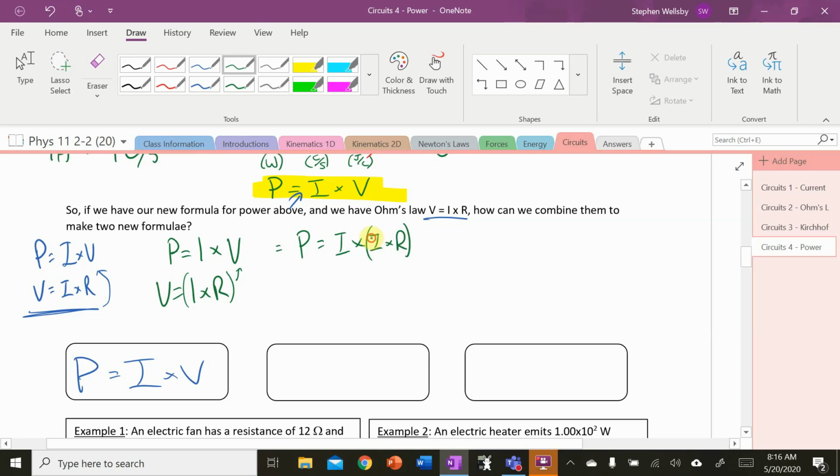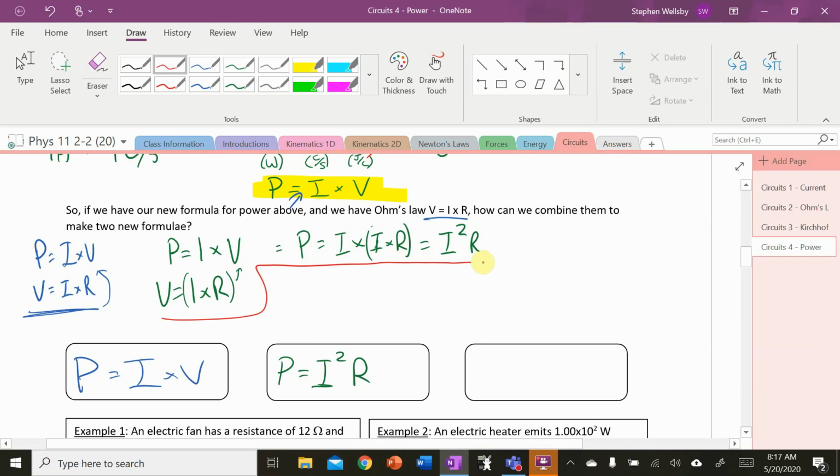We're taking the V out and replacing it with IR because those mean the same thing. What do we end up getting? P equals I squared R. So this is our second formula here. We just get that from putting V equals IR into here.